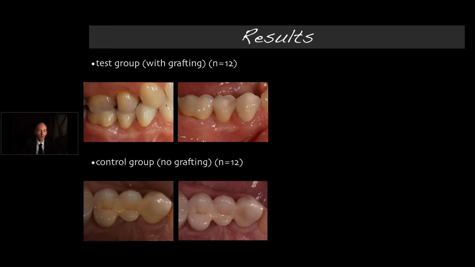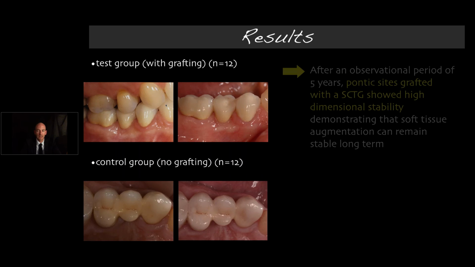Now basically we have a test group. So in 12 of the clinical cases, we performed soft tissue grafting. And then we also had a control group. And in this control group, no grafting procedures were performed. So it's a controlled study, it's not randomized, but we can observe the differences between grafted and non-grafted sites.